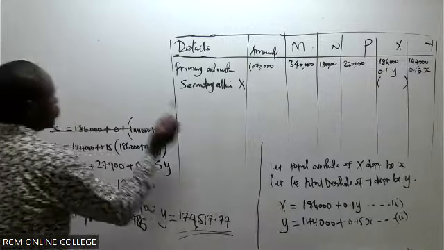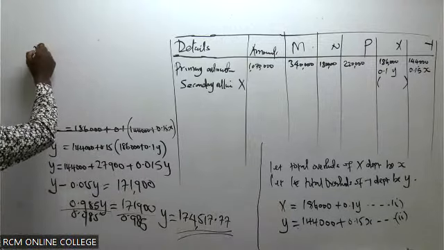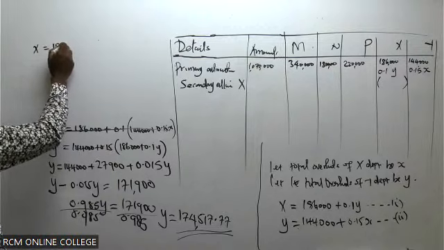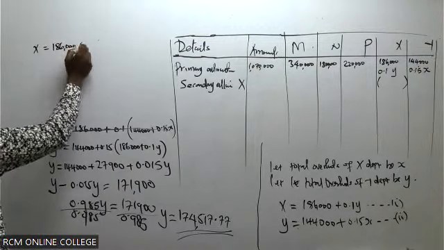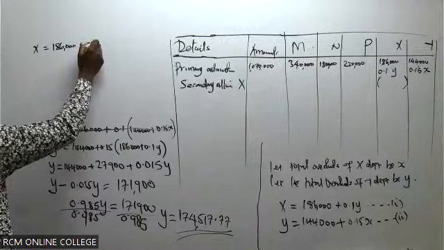Now come up here where you are indicating that X is equal to 186,000 plus 0.1Y.